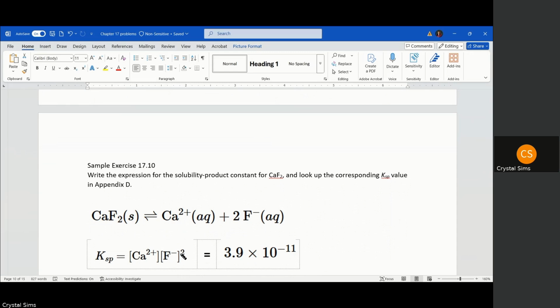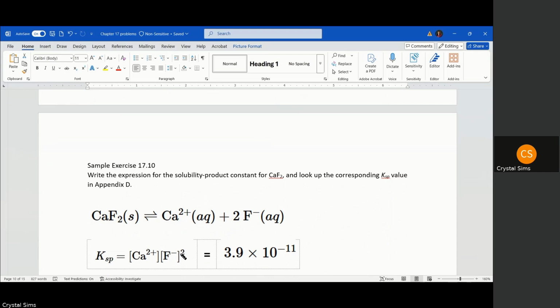When I go to Appendix D and look that up, that's equal to 3.9 times 10 to the negative 11. So that is our solubility product constant for CaF2.